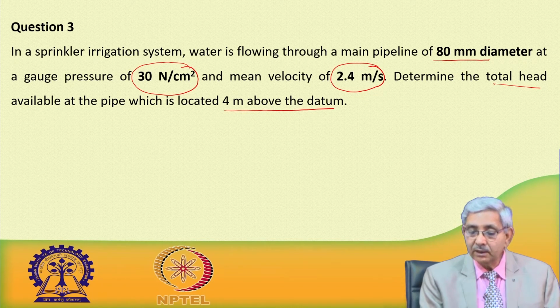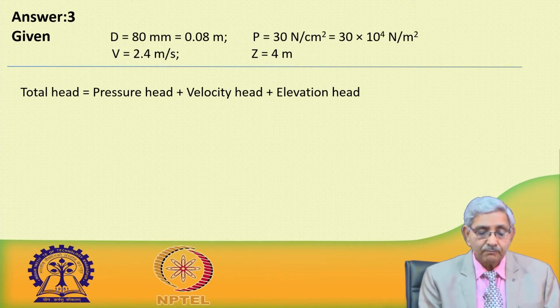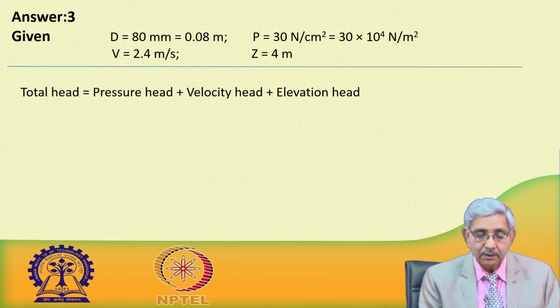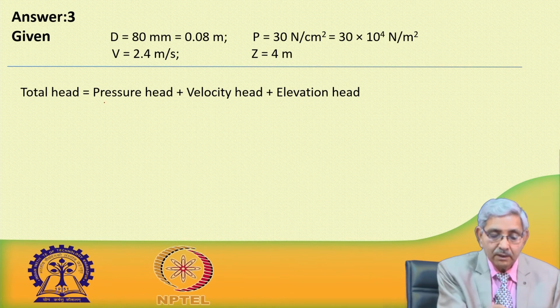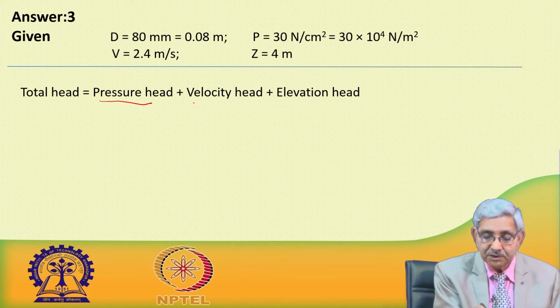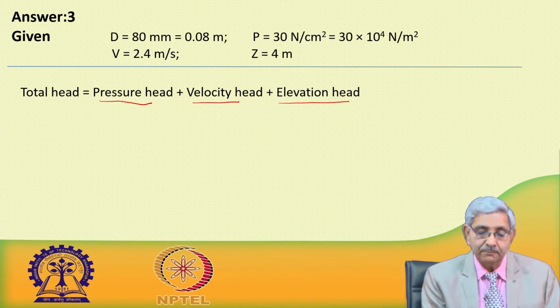Here we will simply use the energy equation, and the total head in the pipeline is given by pressure head, velocity head plus elevation head due to elevation.